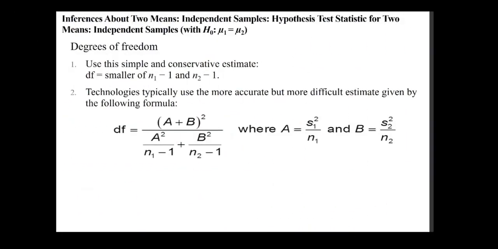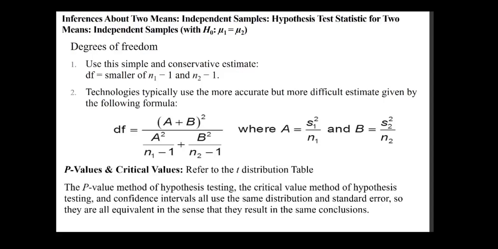Finally, I want to show you the formulas. If you use the table, we use the simple and conservative estimate of n1 minus 1 and n2 minus 1, this one here. The technology uses the more accurate but more difficult estimate, meaning it uses this one. You want to be aware of that. And as far as the p-value and critical values, refer to the t-distribution table, which is extremely limited.